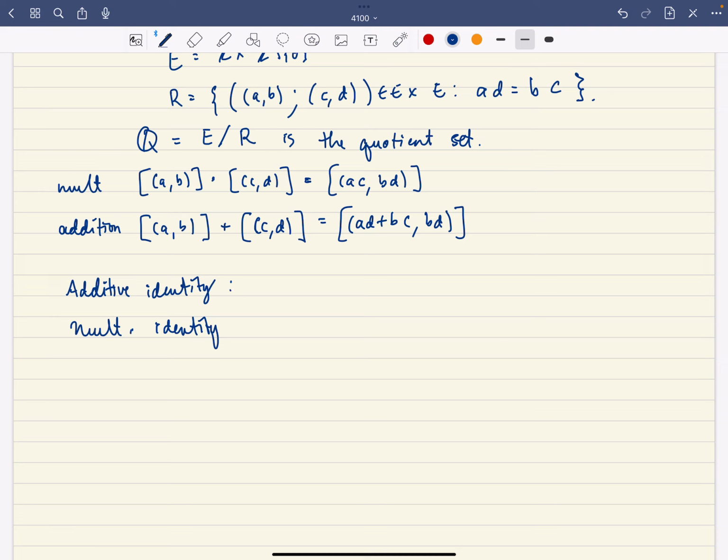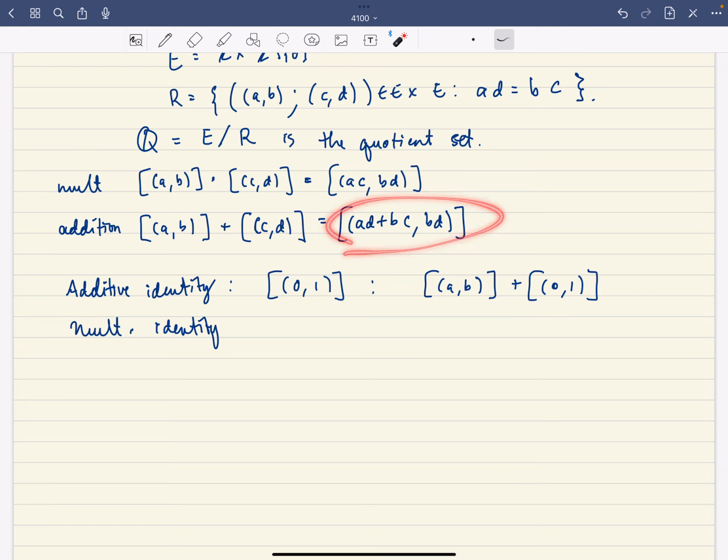The additive identity turns out to be the number (0,1). Anything in that equivalence class we can call the additive identity. You can check that if you take any number (A,B) and add (0,1), following our rule for addition, we get A times 1 plus B times 0, over B times 1.